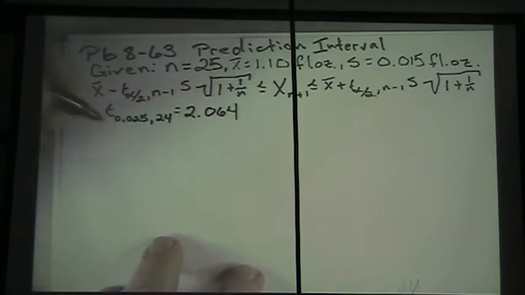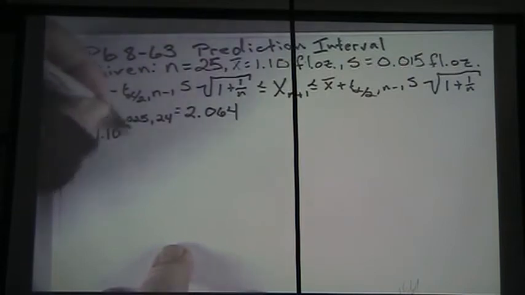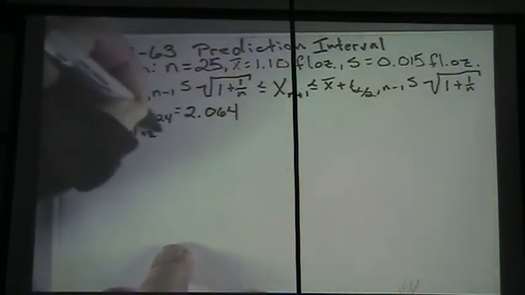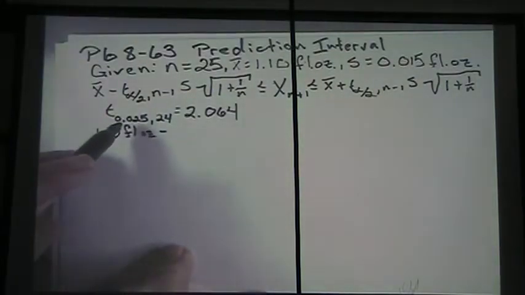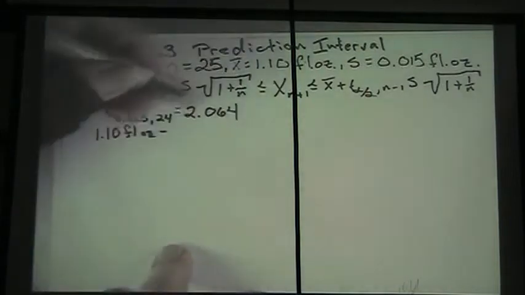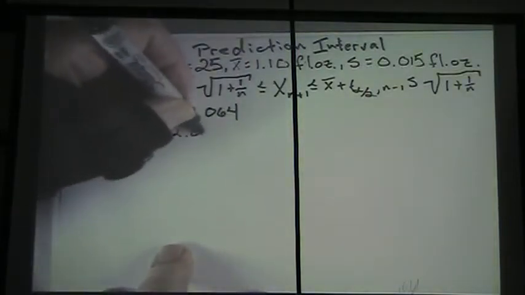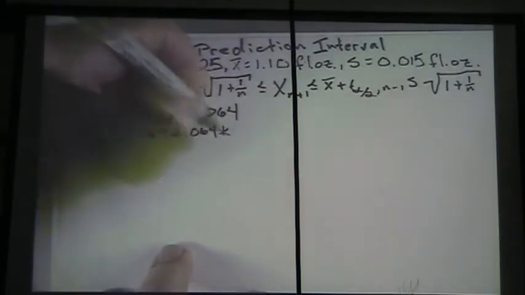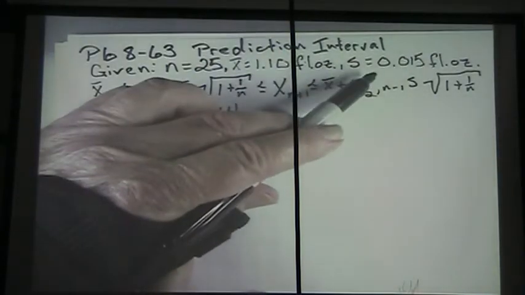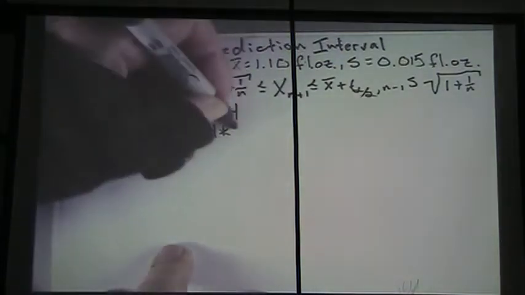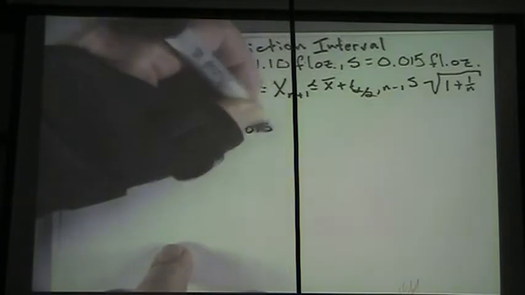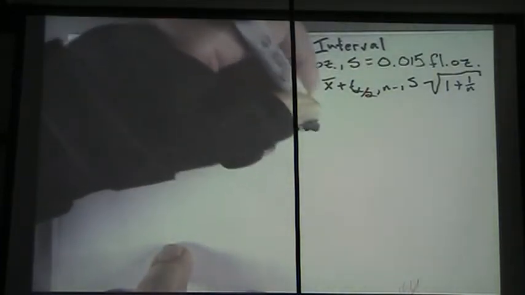All right, so we know that x bar is 1.10 fluid ounces minus t of 0.025 with 24 degrees of freedom, 2.064, times our sample standard deviation, 0.015, and again that's denominated in fluid ounces, times the square root quantity 1 plus 1 divided by 25.